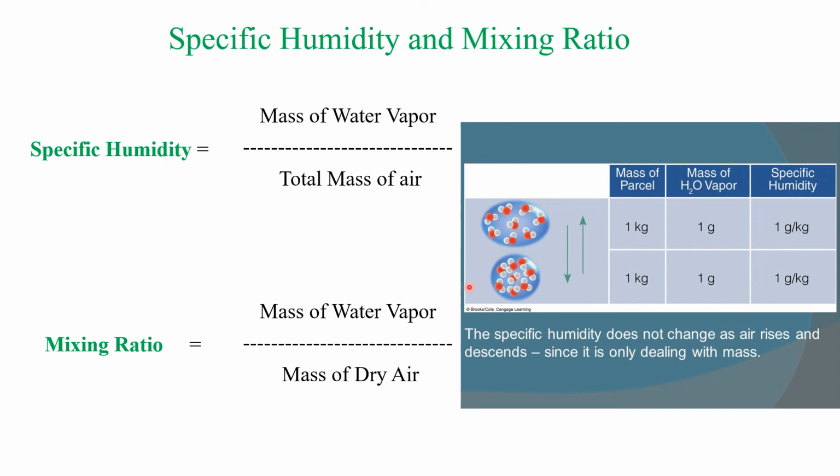So specific humidity does not change as air rises or descends. But in the previous slide we saw that absolute humidity does change as air rises or descends, but specific humidity does not change as air rises or descends.